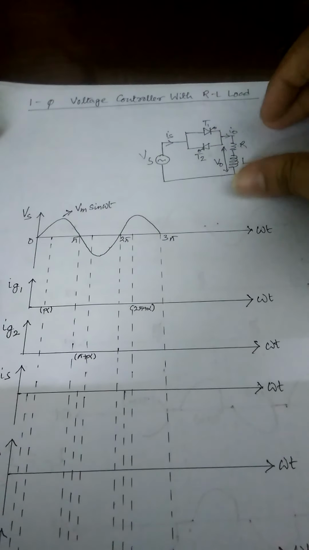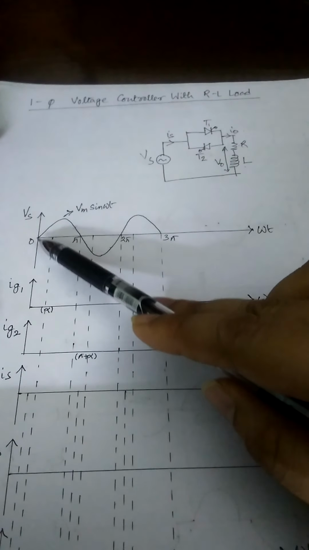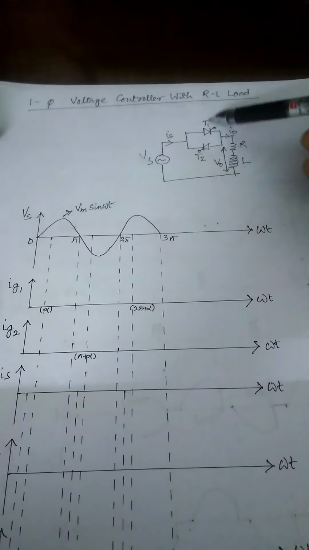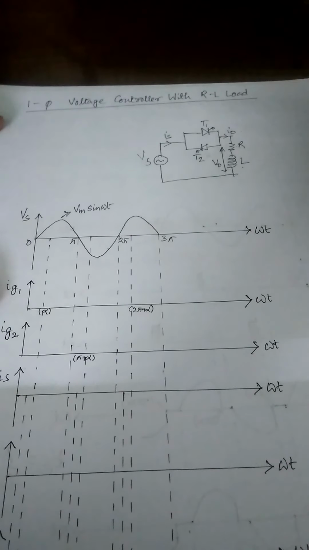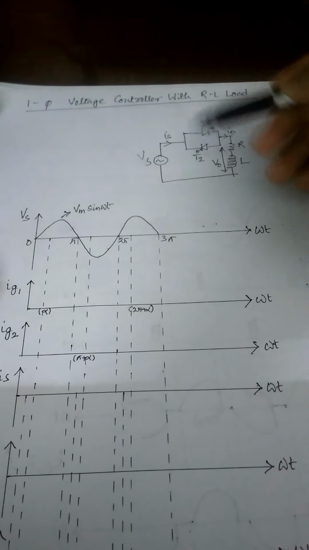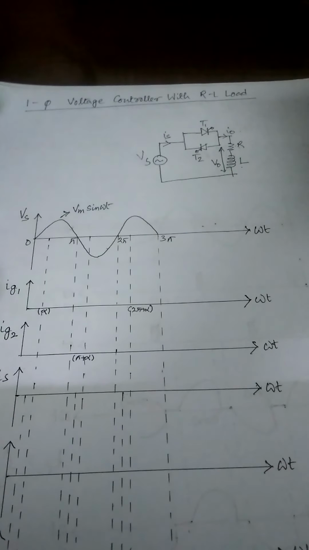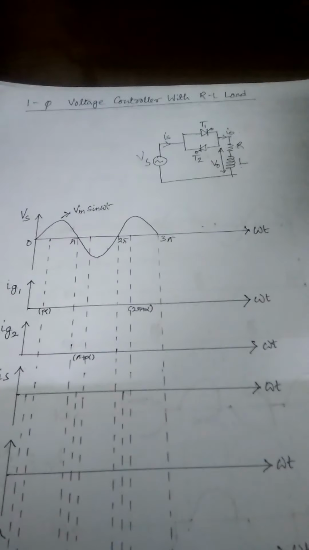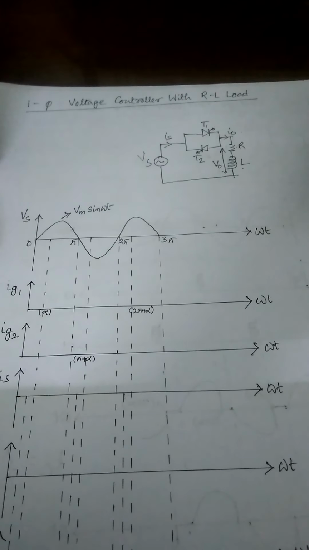Firstly, for the positive half cycle of the supply voltage Vs, that is from 0 to pi, the thyristor T1 will be in conducting mode, in forward biasing mode. As this is a thyristor, there should be a consideration of a firing angle and a gate current, and then the thyristor will be in triggering mode, in the conducting state.